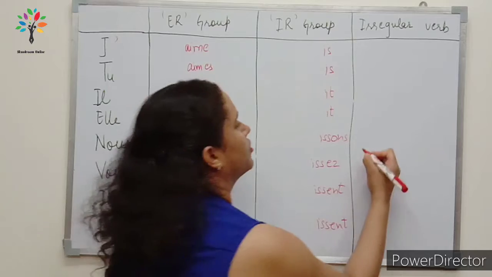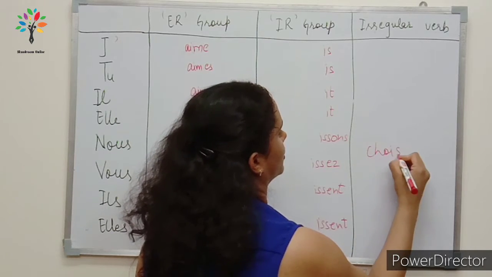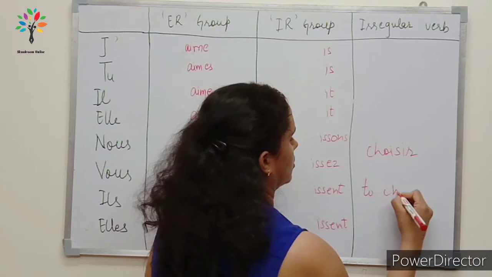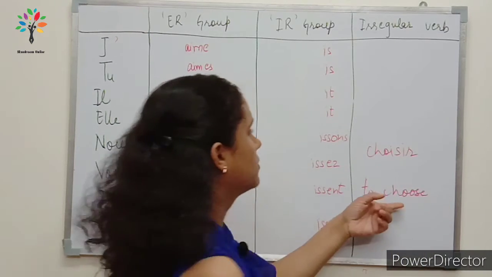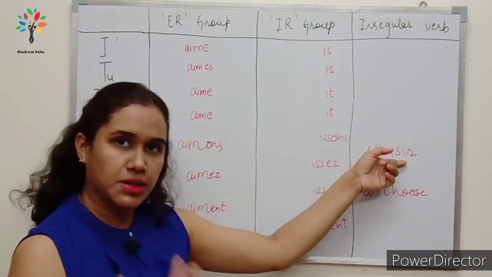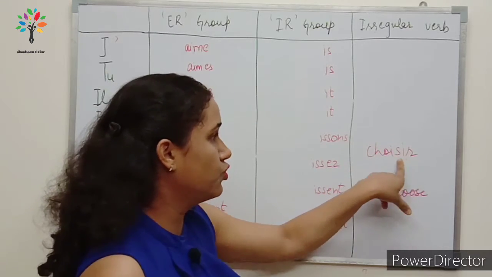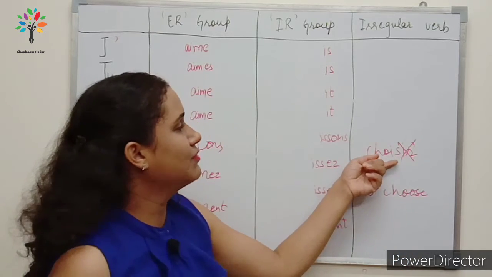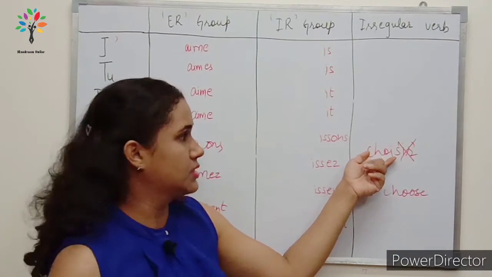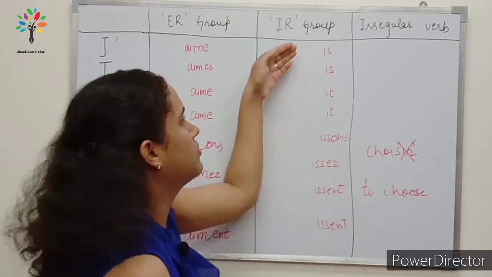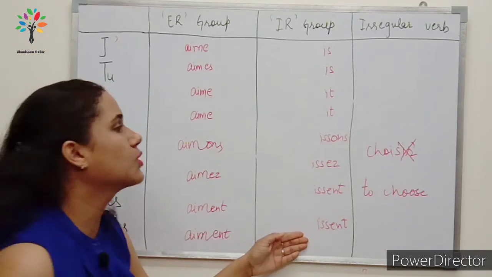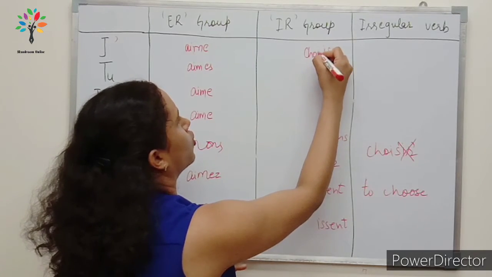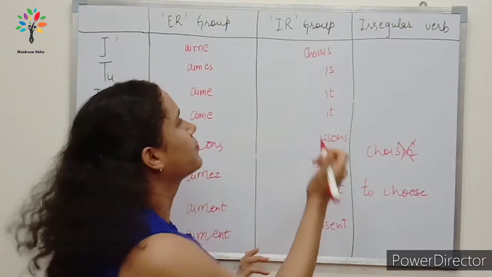For the next example, the verb is choisir, which means to choose. Same procedure. We remove the ending ir, and now we are left with chois, and we will place this base in front of these endings. With je it will become je choisis.